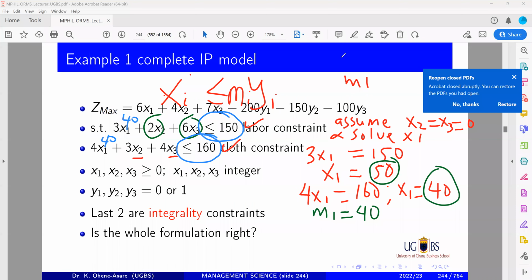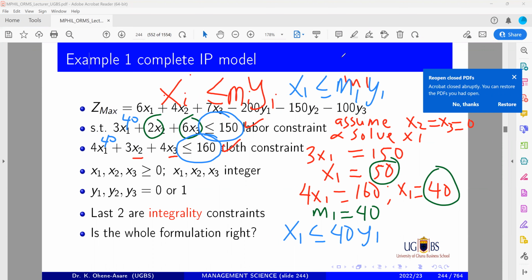The smallest value always satisfies all the constraints. Therefore, our linking constraint for the first one, which, remember I told you, was xi, in this case x1 less than or equal to m1 y1, if we are to properly write it, we'll write it as x1 less or equal to 40 y1.